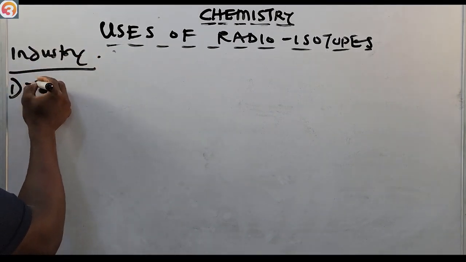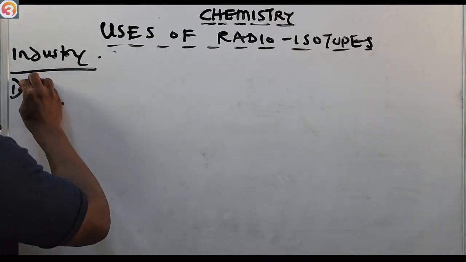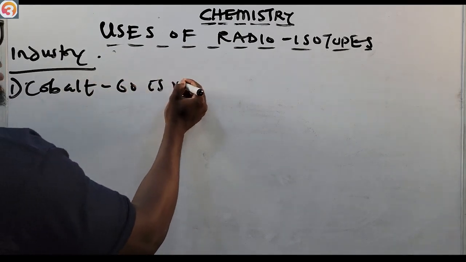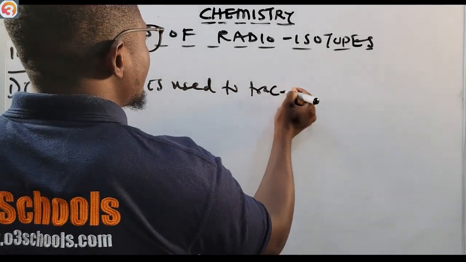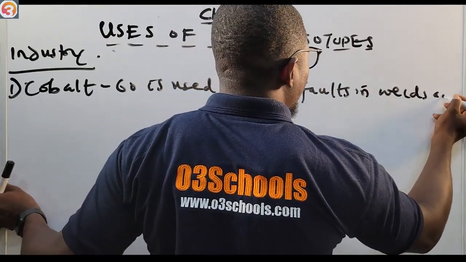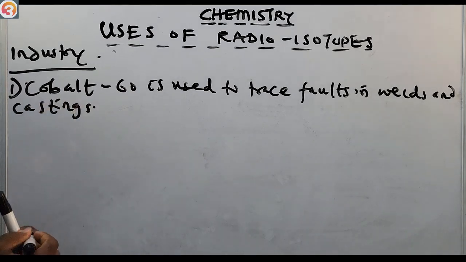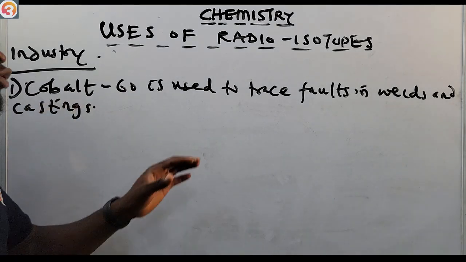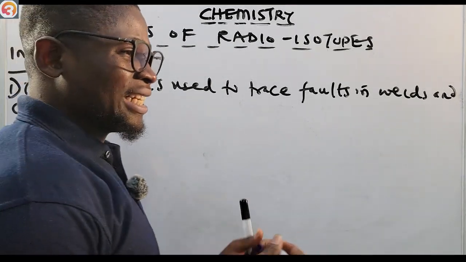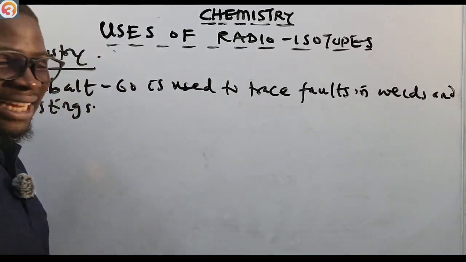Number one, Cobalt-60 is used to trace faults in welds and castings. Please, you must take note of that. Cobalt-60 is very useful to trace faults in welding, where parts have been welded together. It's used to trace faults in welds and in castings.